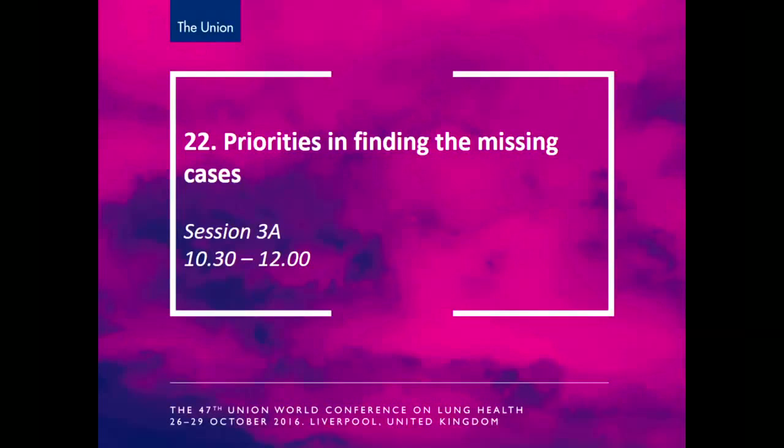This session will discuss the priorities in identifying missing cases. I think all of us are aware that the national TB control programs continue to miss a lot of TB patients due to a host of reasons, be it the cost on the health systems and on our patients themselves.